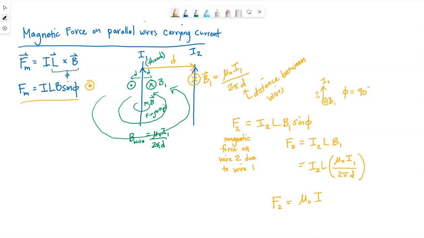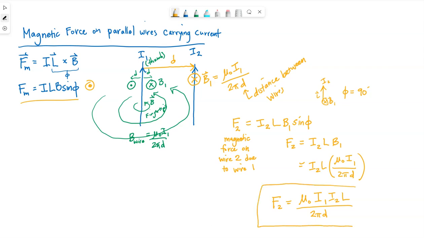We actually have both I1 and I2 in here, and then L over 2 pi d. So this would be the magnitude of the force exerted on wire 2 because of wire 1. And it's also because they're both carrying current.